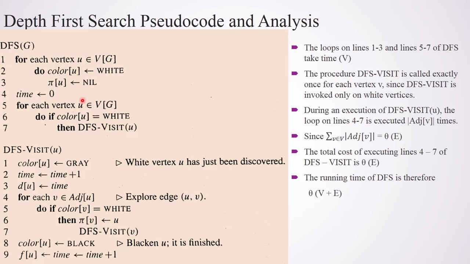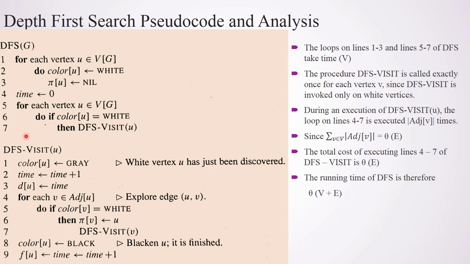Then for every vertex u in V of G, if the color is white, we call DFS visit. DFS visit is another sub procedure, so if a white vertex is there, we call DFS visit.